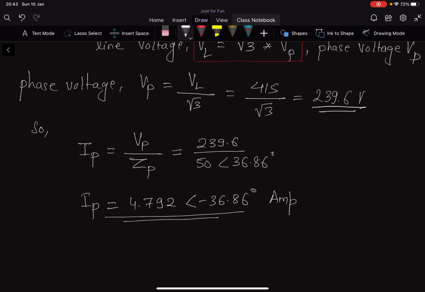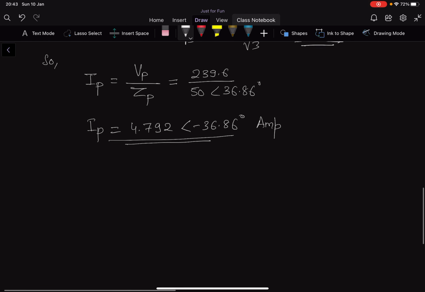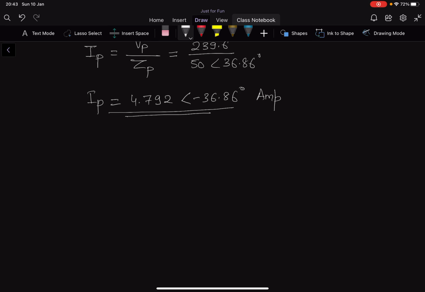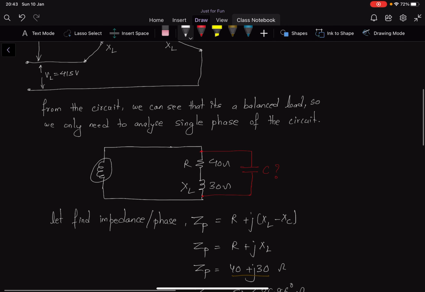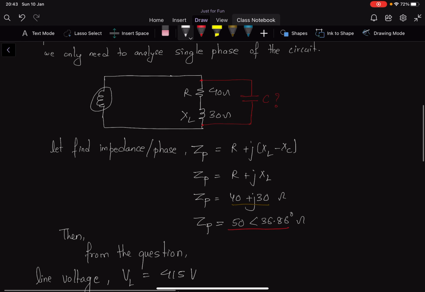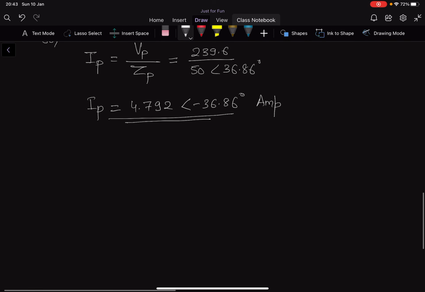So we have voltage, we have current. Now what do we want? Remember, our focus or analysis is on improving the power factor. So what is power factor? Power factor is nothing but cos theta. What does that theta stand for?